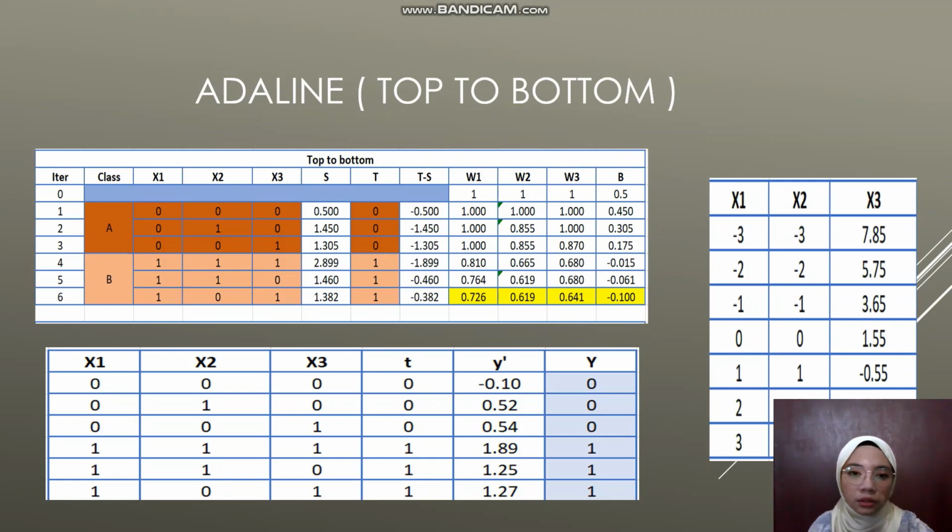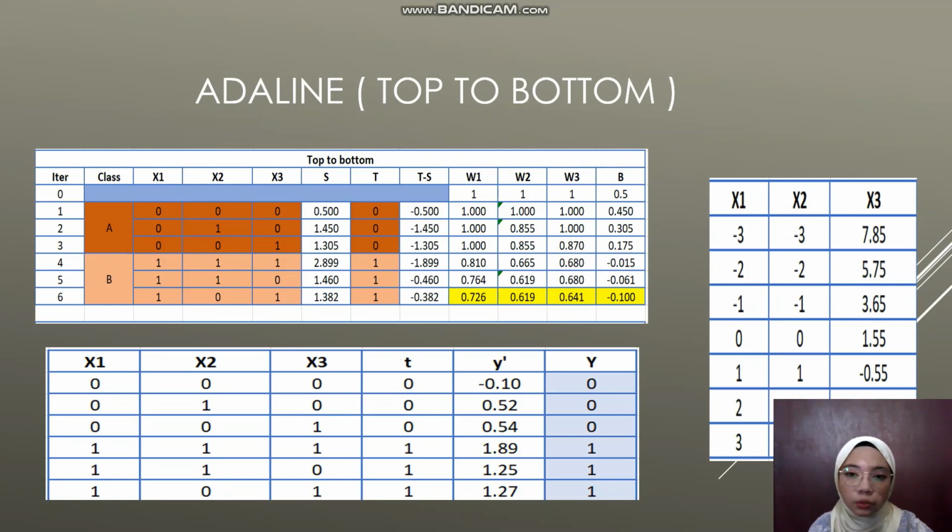Then for T minus S, for example 0 minus 0.5. For the value of W, we use the old weight 1, plus n, which is 0.5, times x1, and then times T minus S. It is the same way to get weight 2 and weight 3.